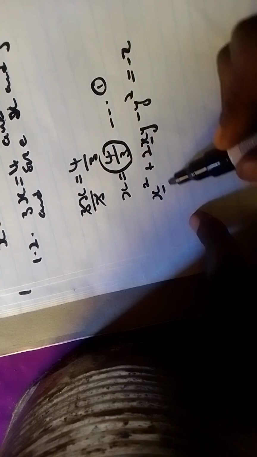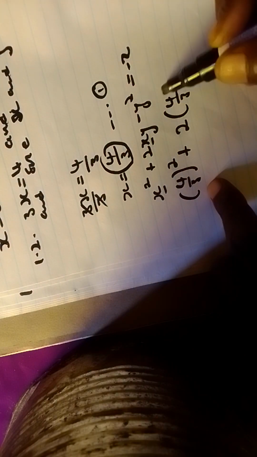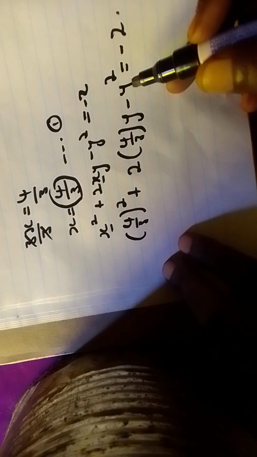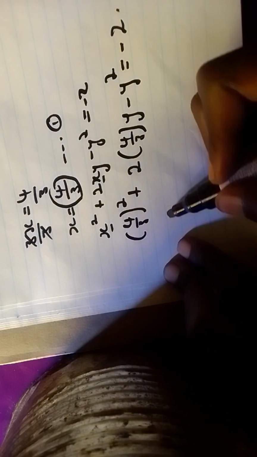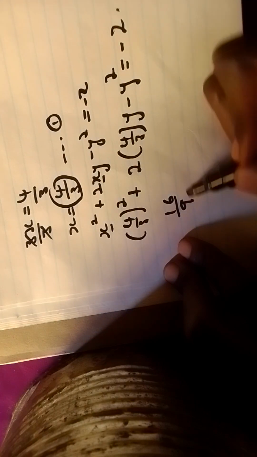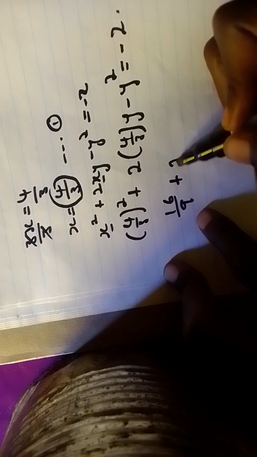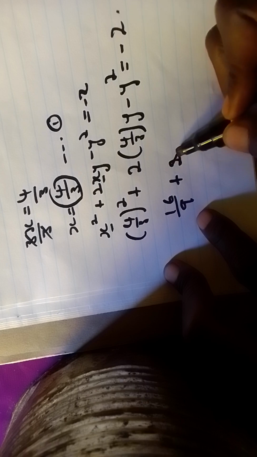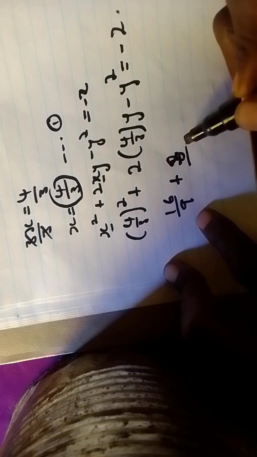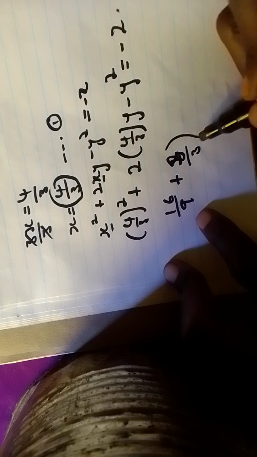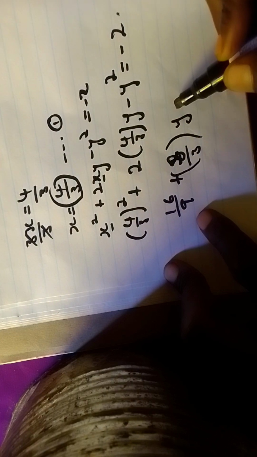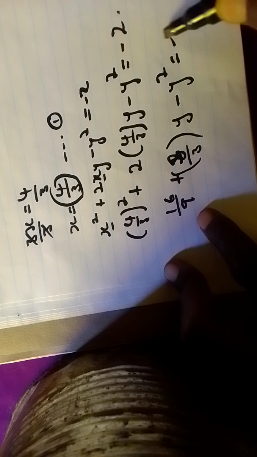We're going to say (4 over 3) squared plus 2 times 4 over 3 times y minus y squared is equal to negative 2. Now 16 divided by 9 plus 8 over 3y minus y squared is equal to negative 2.